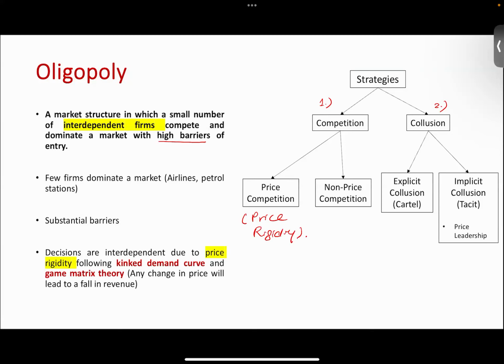Why is that so? Because you see, if a firm increases the price, others will not follow.